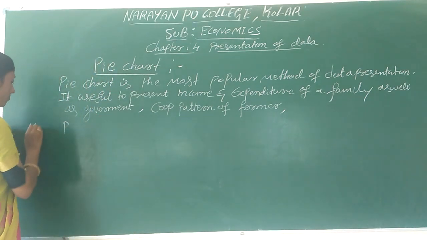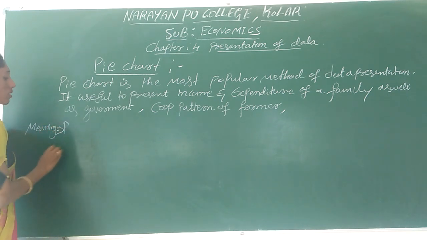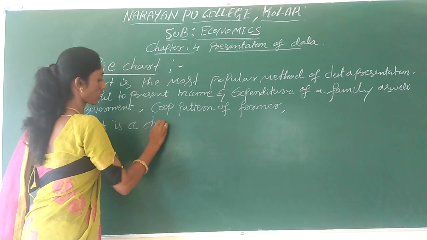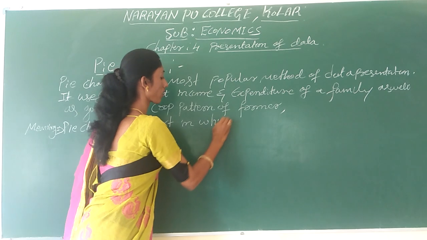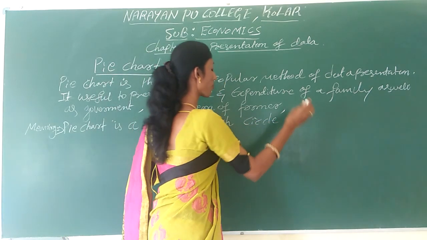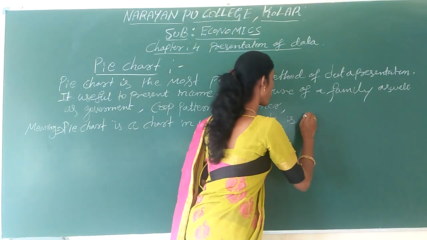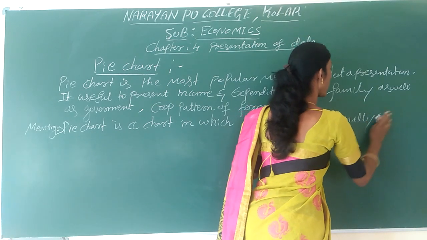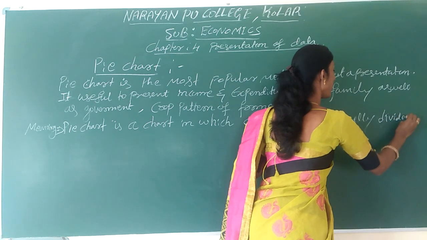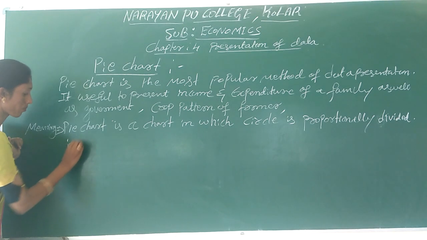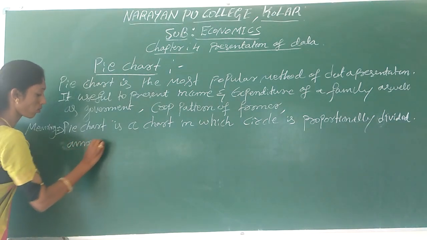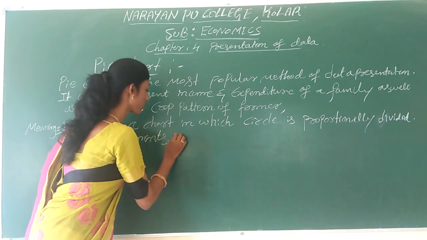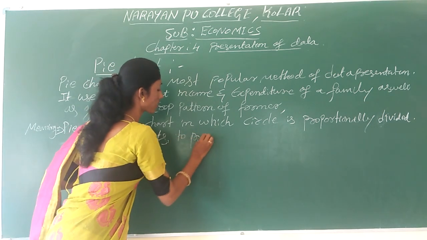Here, the pie chart meaning. Pie chart is a chart in which a circle is proportionally subdivided or divided into components to present the data.